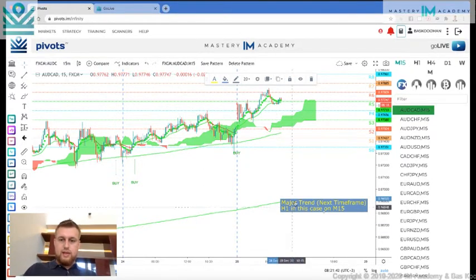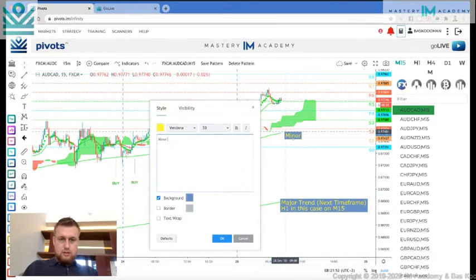So the major trend line is the one from the next time frame. Now then we have the minor trend line. It's a little bit closer to the price. The minor trend is the current time frame, which in this case is M15.